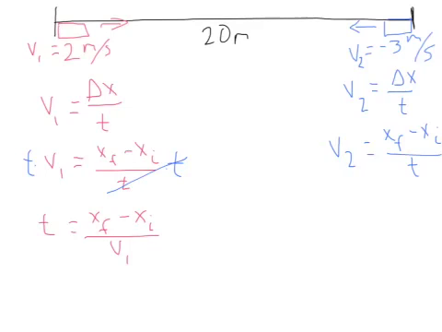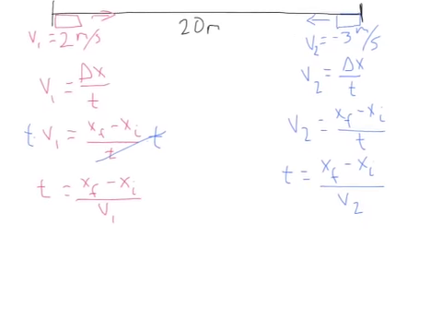Let us find how much time cart number 2 will be traveling for before it hits cart number 1. Again, multiply both sides by t, then divide by velocity 2. t is equal to x final minus x initial all over velocity of cart number 2.